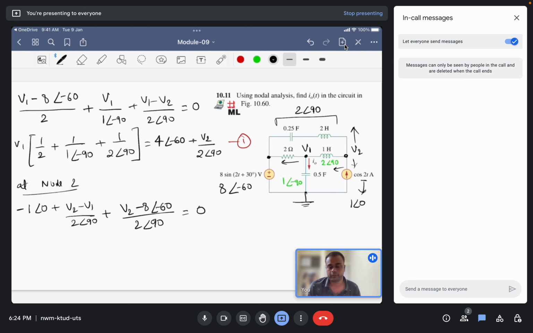Again we have to separate the variables, so let us take V2 common.